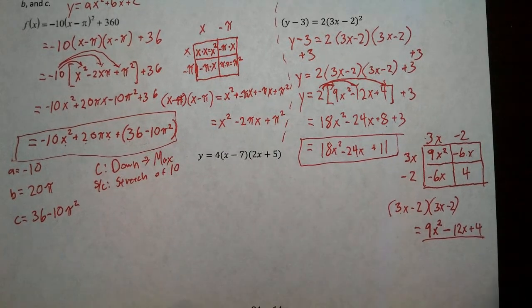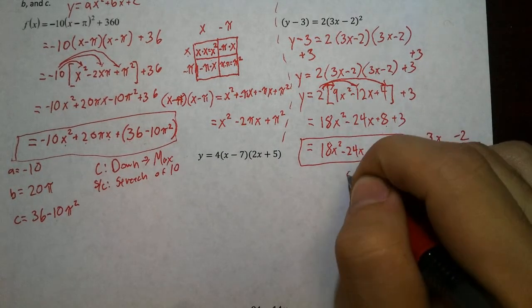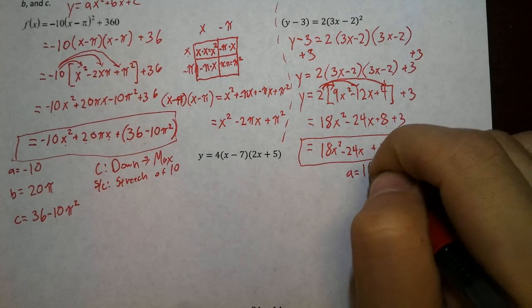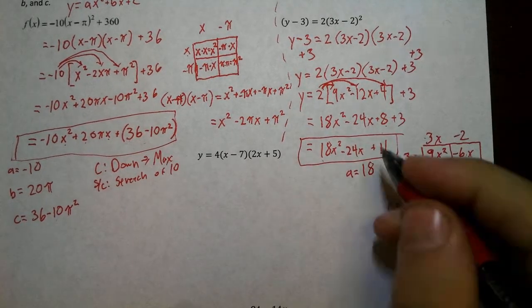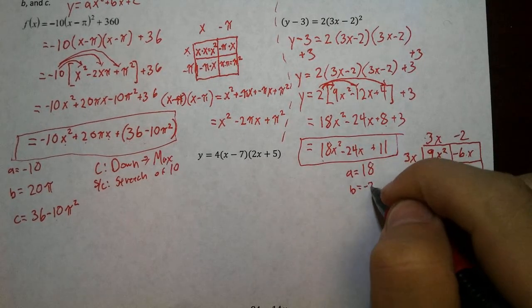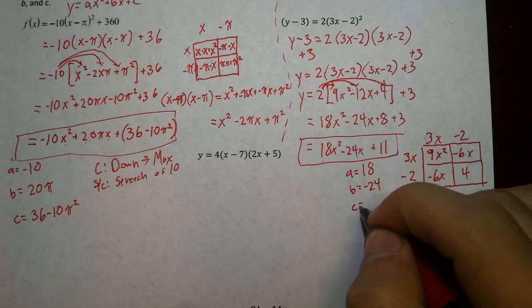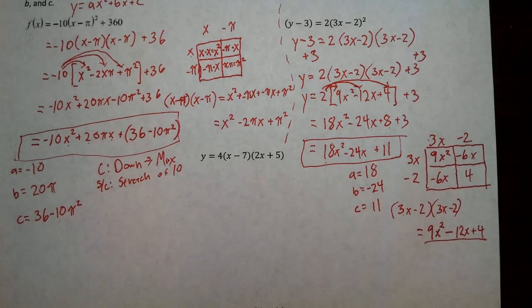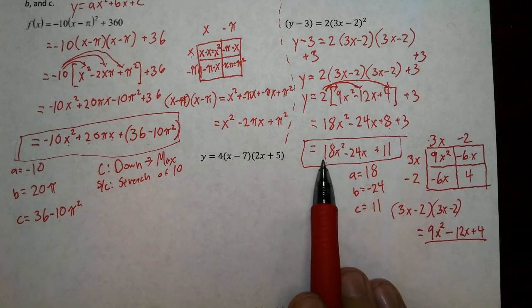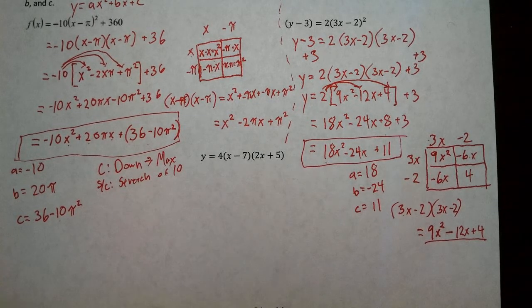Now, A, B, and C. Let's go ahead and find out what A, B, and C are. So A equals 18. Right, just with the number in front. B is equal to negative 24. C is equal to 11. Okay? What's the concavity? Oh, I don't know. I'm going to look at this A term, which happens to be positive.